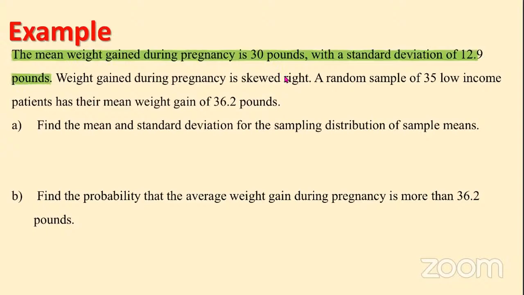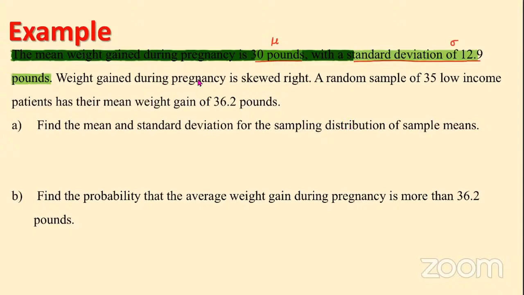So for the population, they have given that the mean of the population is 30 pounds and the standard deviation of the population is 12.9. You can clearly see that the mean and standard deviation are given. Because the mean and standard deviation are given for the population, we'll be able to use the central limit theorem easily.